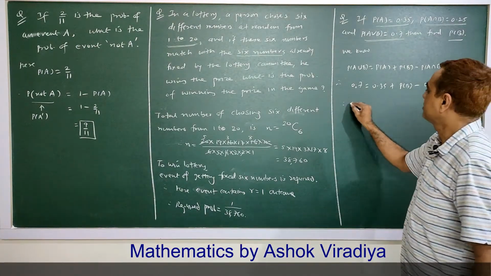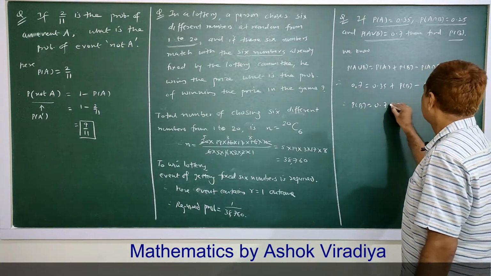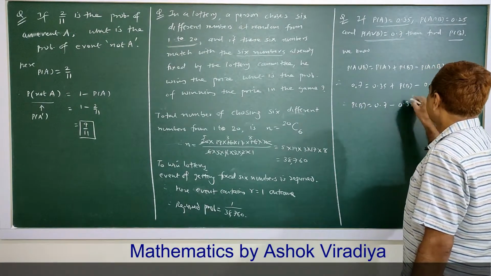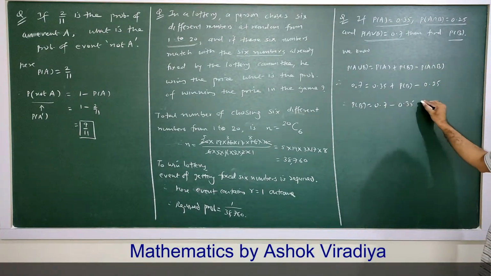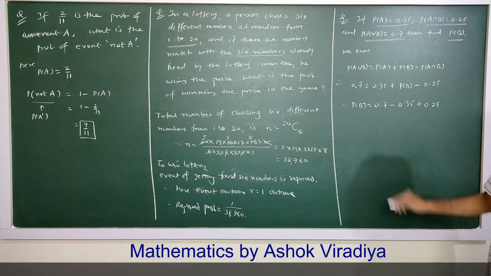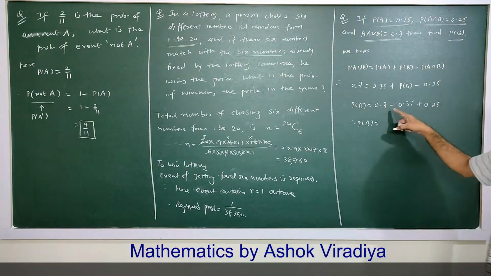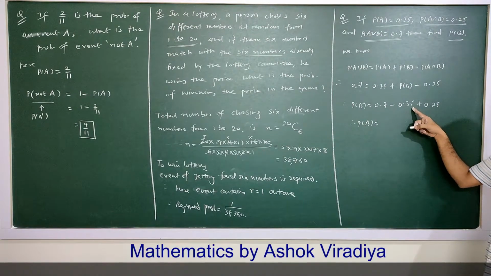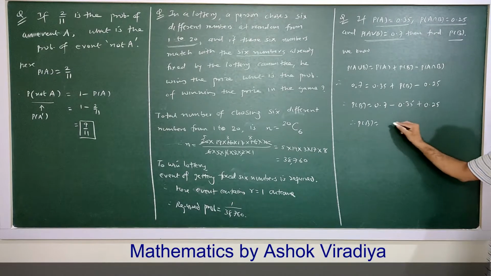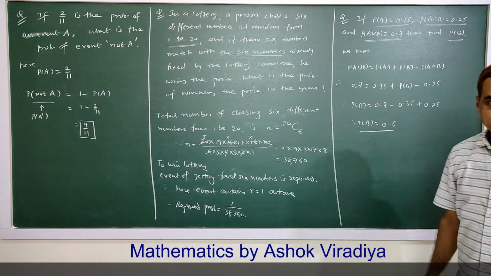So probability of B is 0.7 minus 0.35 plus 0.25, that is 0.6. So this is the required probability.